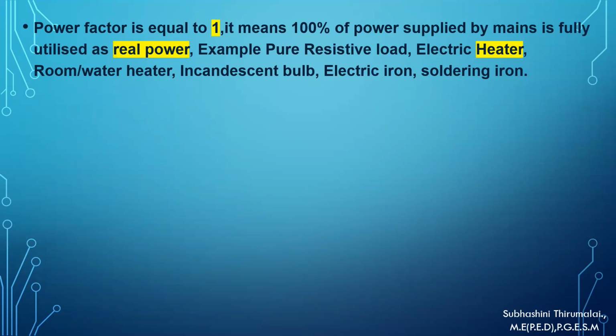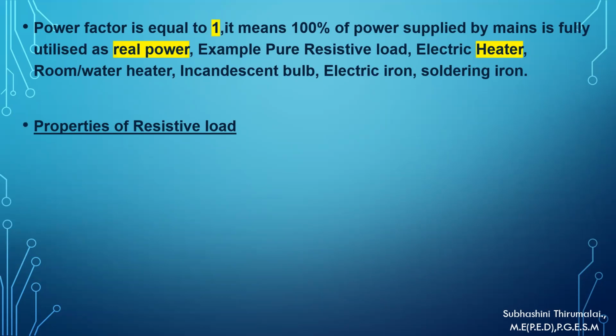It means 100% of the power supplied by the mains is fully utilized as real power. The examples of pure resistive loads are electric heater, water heater, room heater, incandescent bulb, electric iron, soldering iron. So these are all examples of resistive load. Mainly everything consisting of a heater, a heating resistive load.